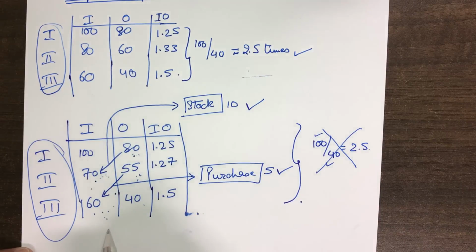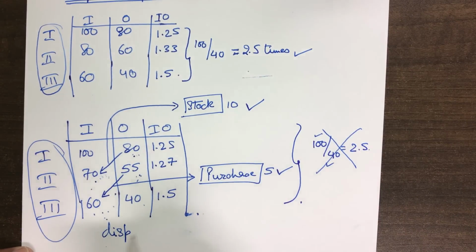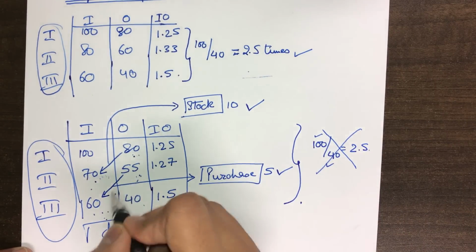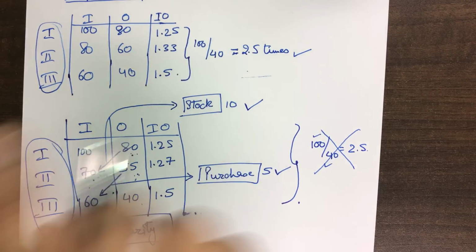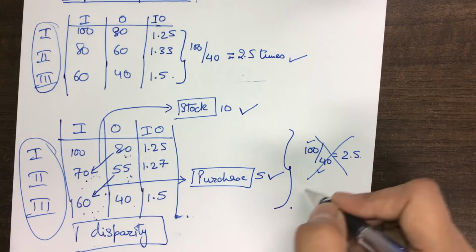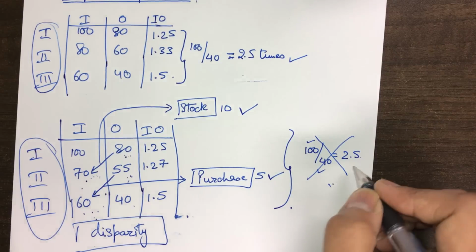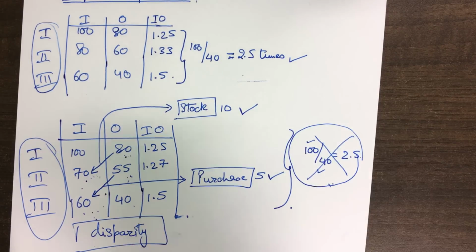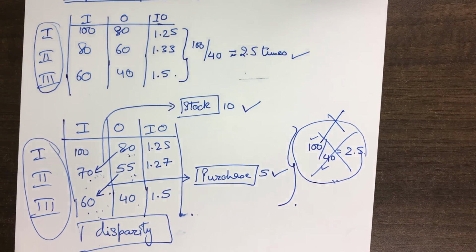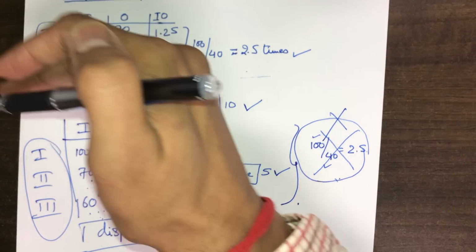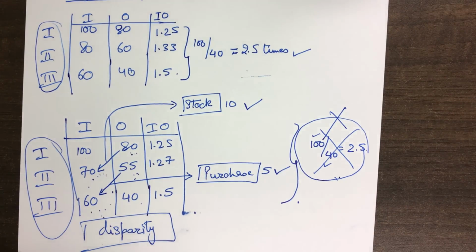So there is some disparity in the inputs and outputs, and therefore it is not possible to compute the input-output ratio cumulatively like this. This is an incorrect way of computing the total input-output ratio of the entire process.